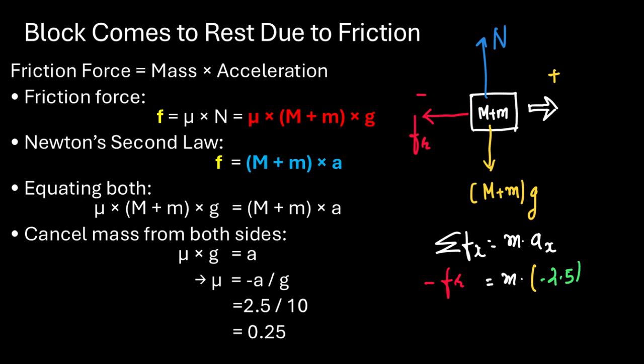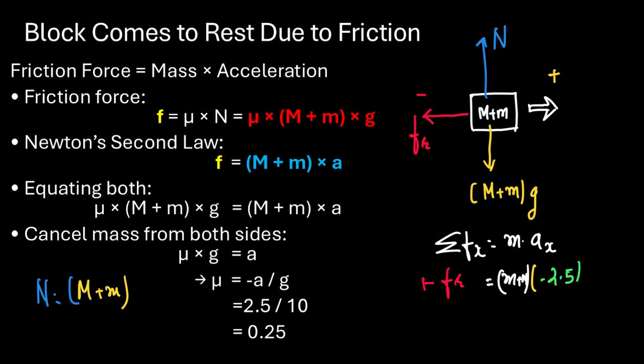Since this body is neither moving upwards nor moving downwards, the vertical forces can be equated, which means the normal reaction N can be equated as the weight of bullet and block, right? And therefore, mu into N can be replaced by mu into (M plus m) into g. Likewise, this m has to be M plus m. Why? Because we are talking about both the masses.